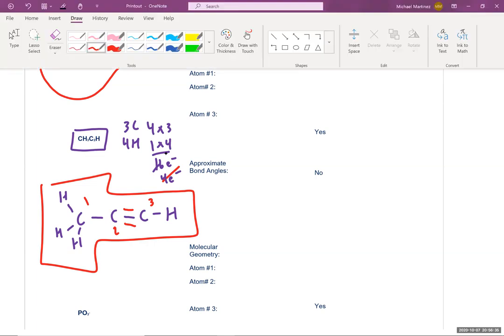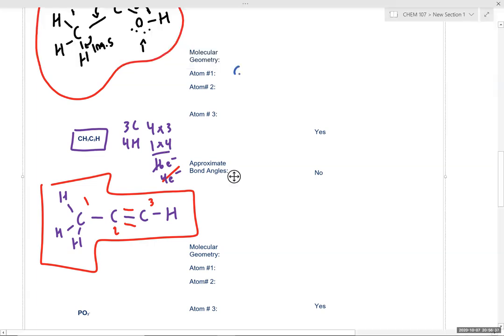So looking at the geometry, for carbon number 1, what would the geometry be? It's tetrahedral. Tetrahedral, exactly right. What about carbon number 2? It has 2 bonded atoms, so what would that be?